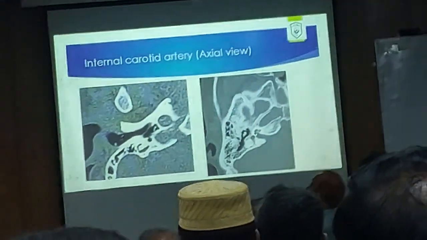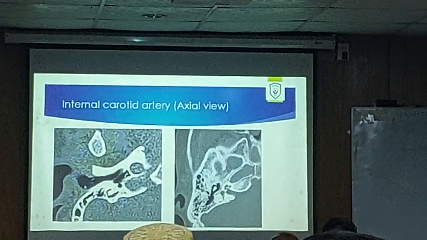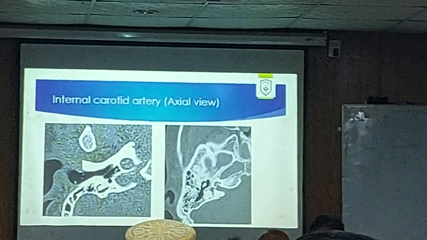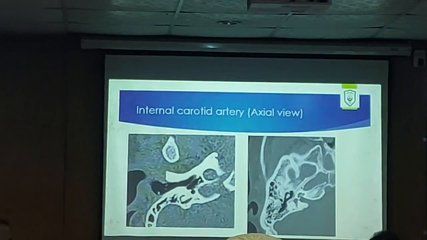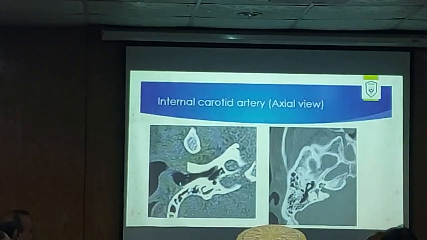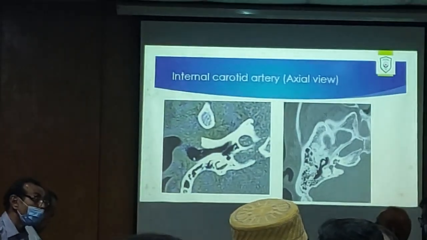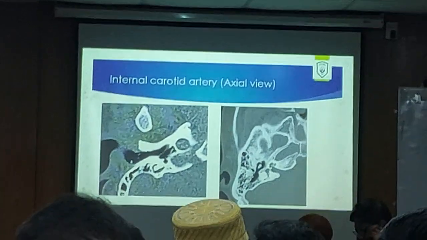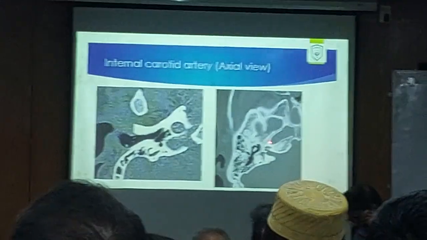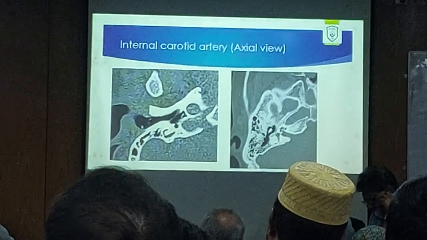So the internal carotid artery, we know, lies just anterior-inferior to the promontory. When we manipulate the eustachian tube area, be careful. Sometimes the bony shell of the internal carotid may be dehiscent.